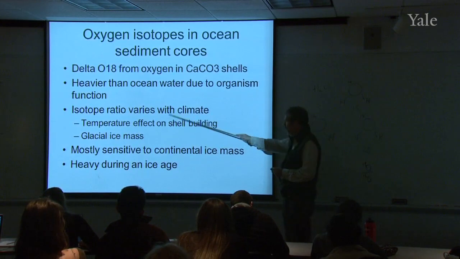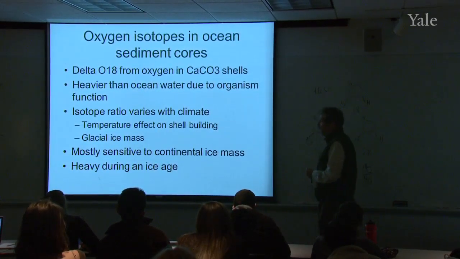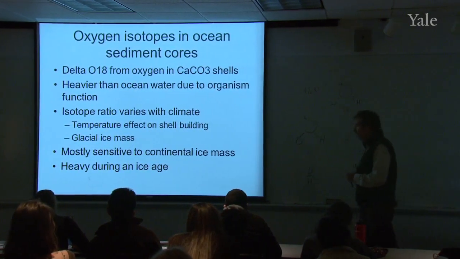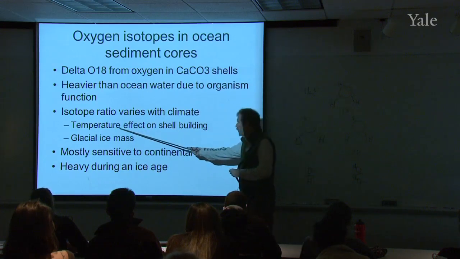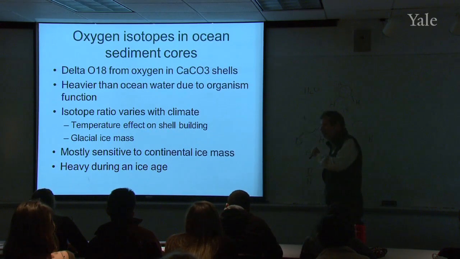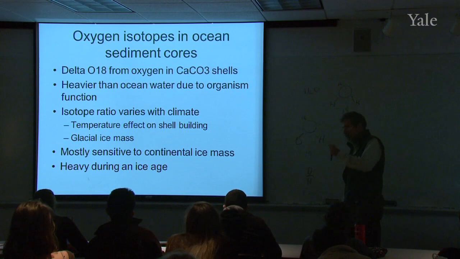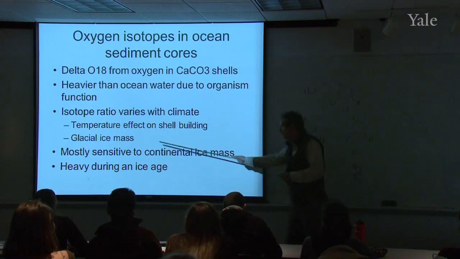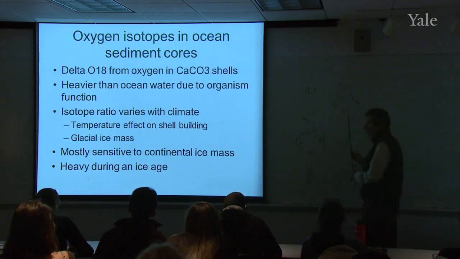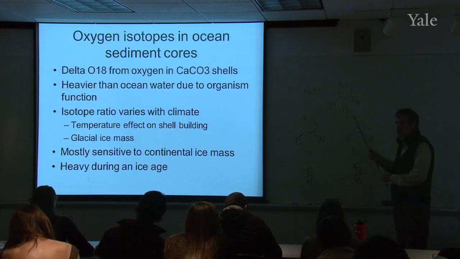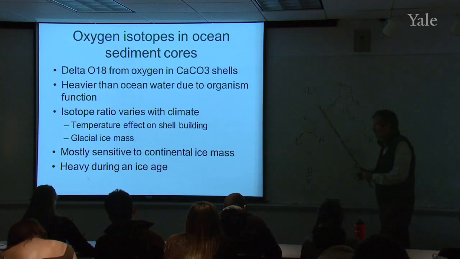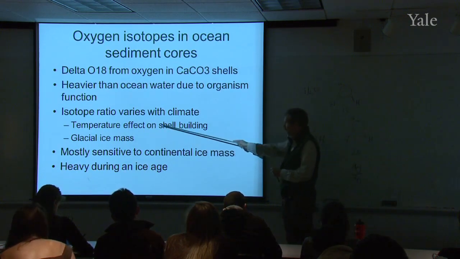In addition to that, though, we expect it to change with climate, either because the temperature effect on how the organism makes its shell might be coming through, or the isotope ratio in the water itself might be dominating the signal. The first papers on this thought it was this.